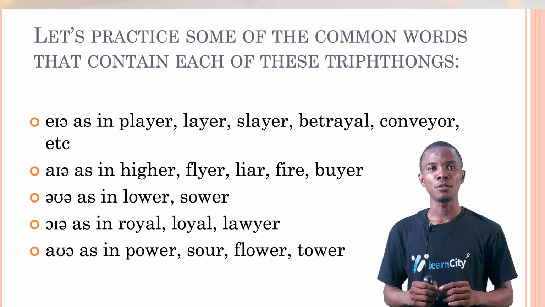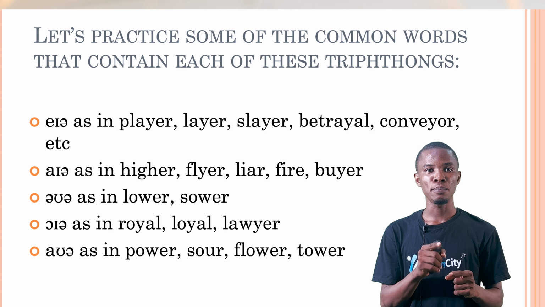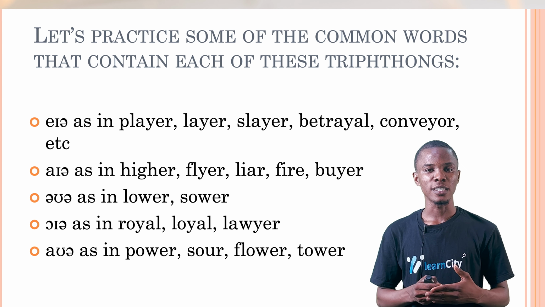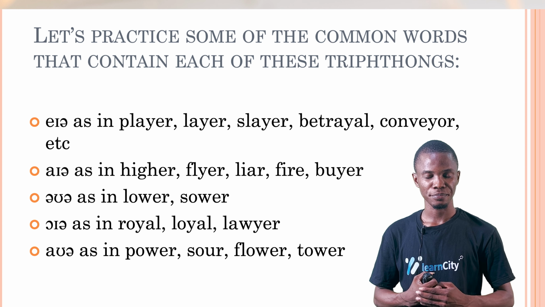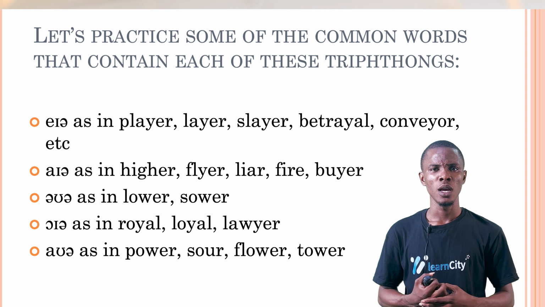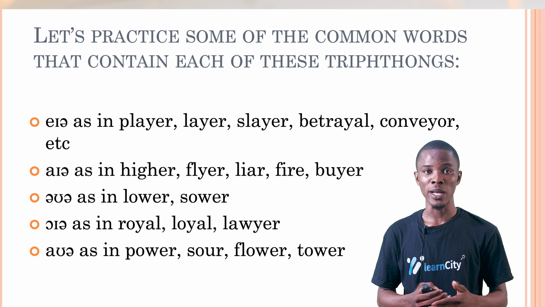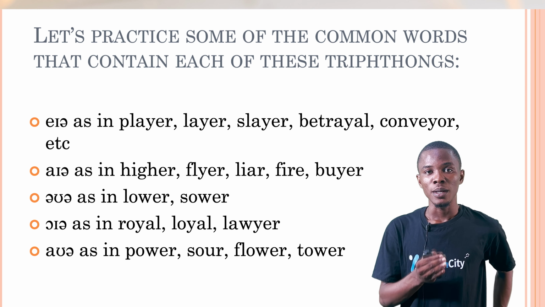The first one is "air", as in player, as in layer. I would like to say that for some people the second vowel could be that weak, like your player. That's what you're going to hear.